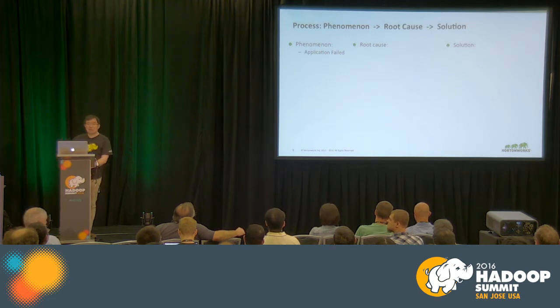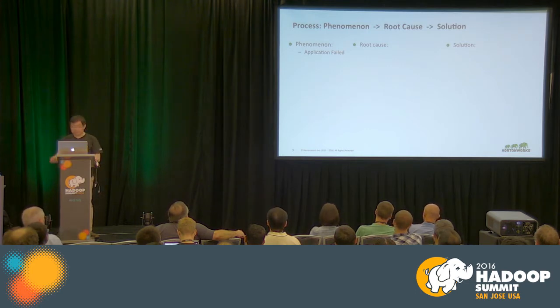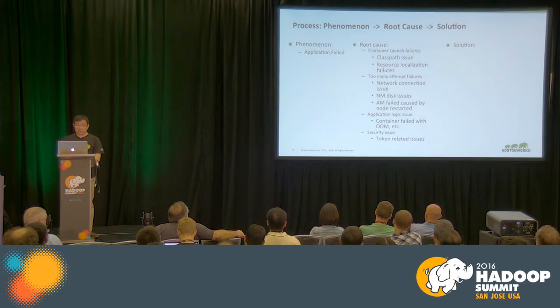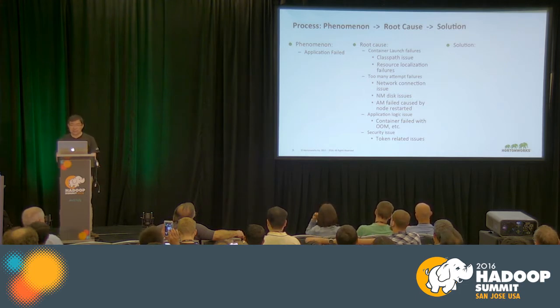So the process is: when you see some phenomenon, you start troubleshooting, find out the root cause, and then deliver a solution. That is the overall process. This is simple, but beautiful. Let's take an example. When we find an application failed, the root cause could be container launch failure, for example due to classpath issues or resource localization issues.